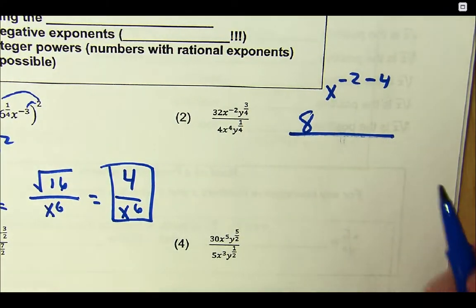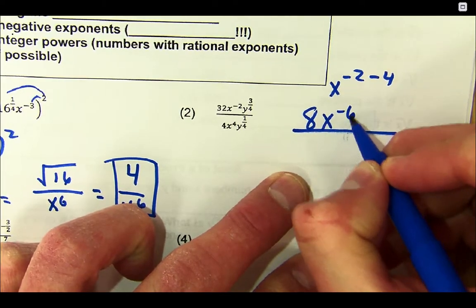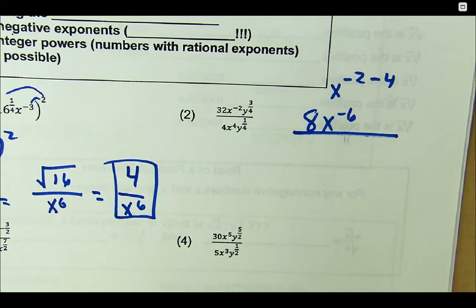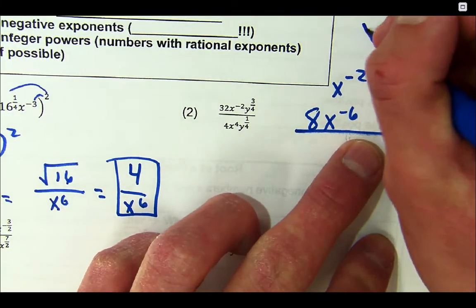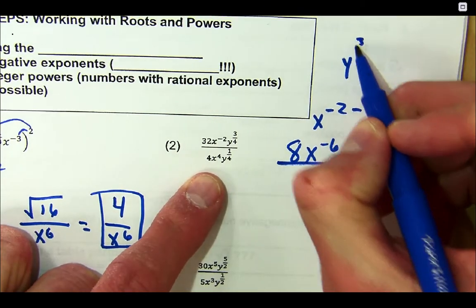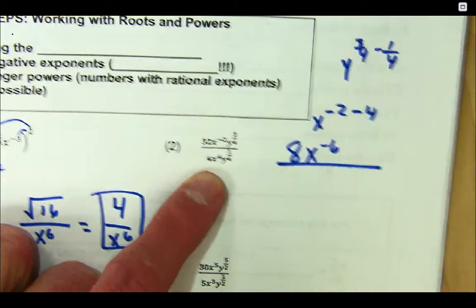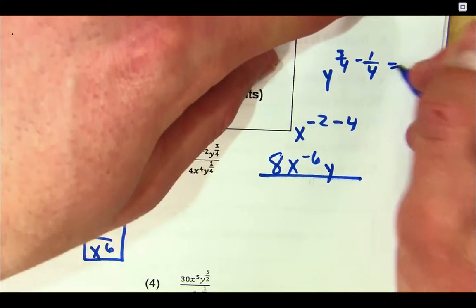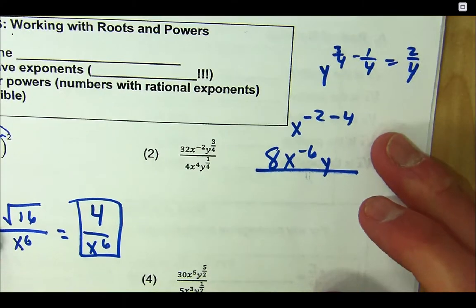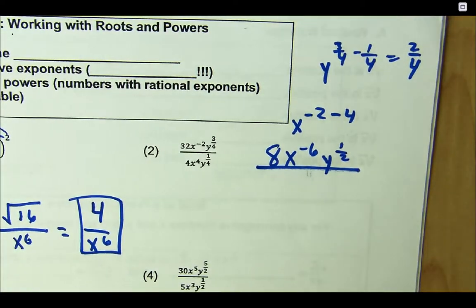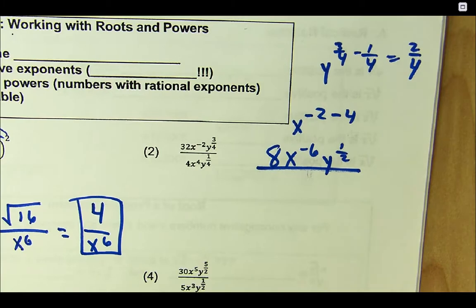Negative 2 minus 4 is negative 6. And then for your y's, once again, you're going to subtract the exponents. So you're going to do 3/4 minus 1/4. Well, 3/4 minus 1/4 is 2/4, and once again, 2 over 4 simplifies into 1/2. So you subtract your exponents, this is where you end up.